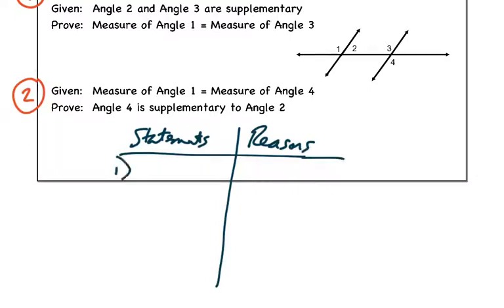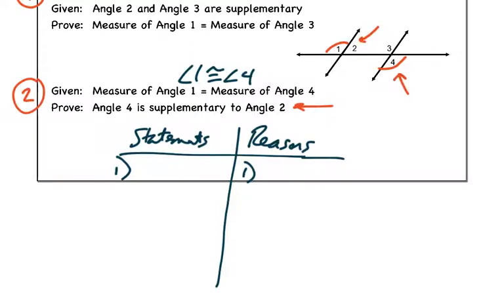Again, let's see the given, which we'll put down. I'm given that angle 1 is congruent to angle 4, or the measures are equal. So let me mark that right away in my picture. 1 is congruent to 4.